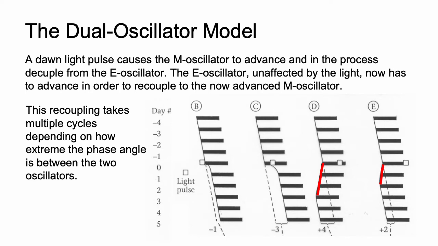There's a lag because it's not being directly affected by the light itself, but sort of getting pushed by the M oscillator. And depending on how extreme the phase angle is between the two oscillators will determine how much that lag is. So if you advance the M oscillator a whole bunch, the phase angle of that decoupling is greater. It's moved further out of sync, further decoupled from the E oscillator. So it takes a little bit of time for the E oscillator to advance itself to recouple to the M oscillator.